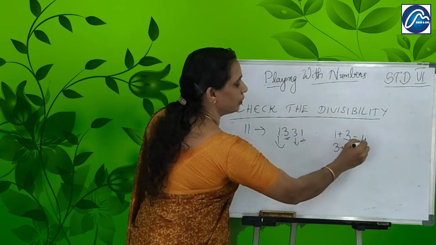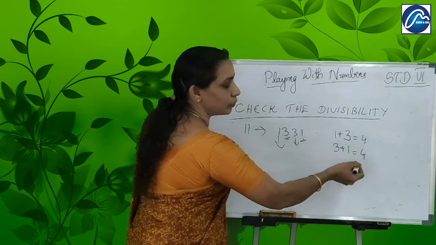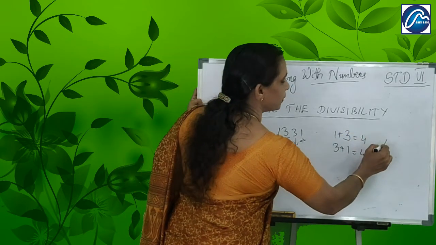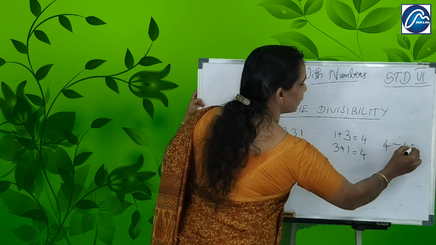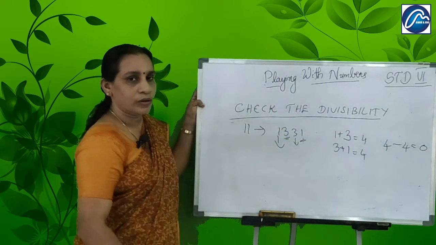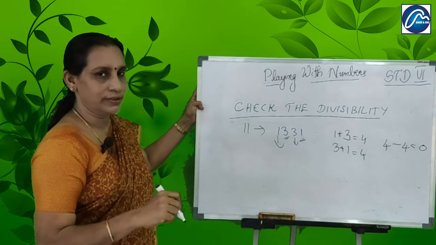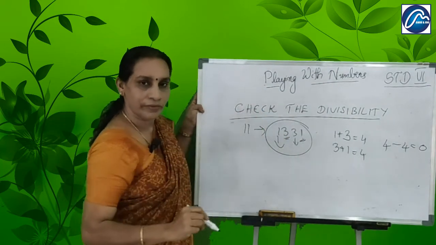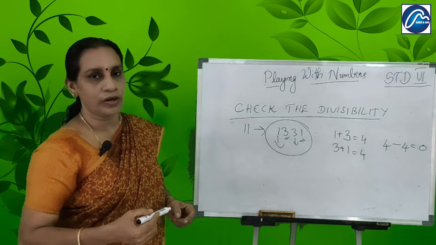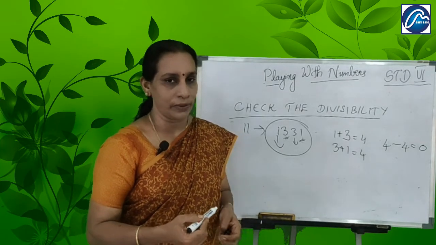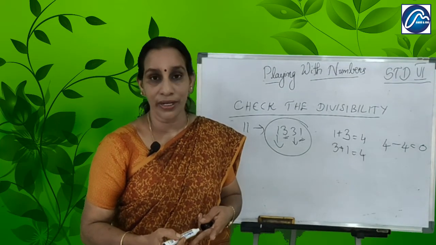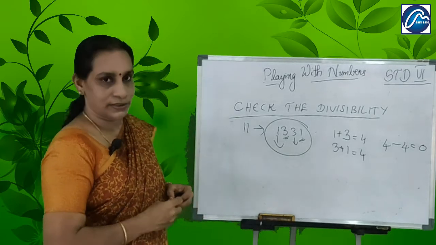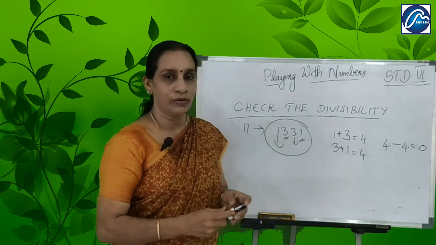This is 4, this is 4. So, when you subtract both of these, you will get an answer 0. Or if you are getting 11, then also this number is divisible by 11. Okay, how will you identify that a number is divisible by 11? This is the method how to check.